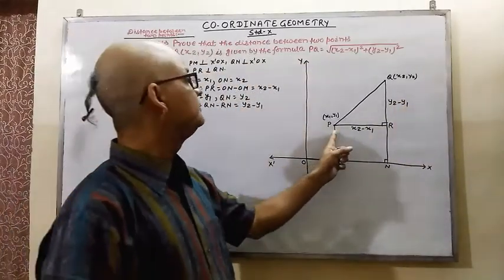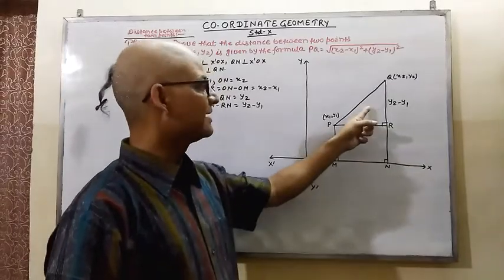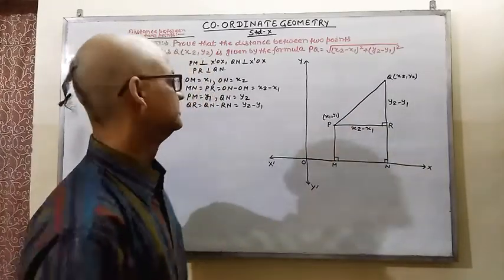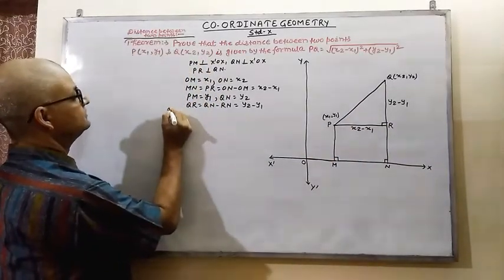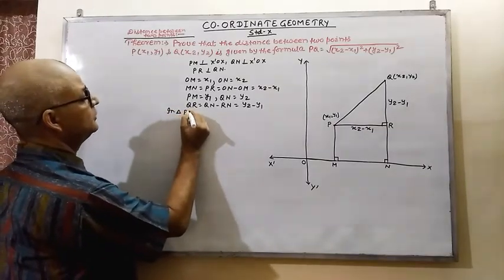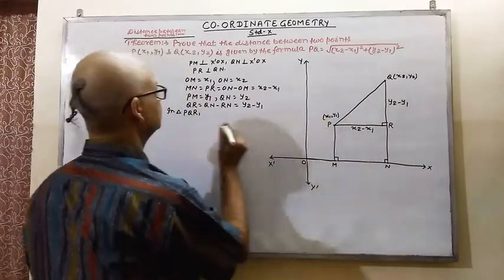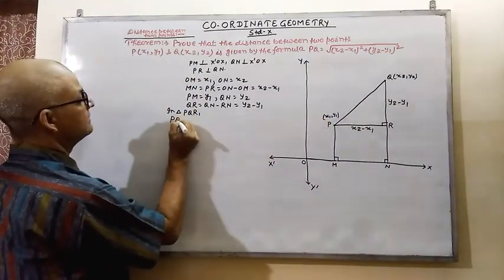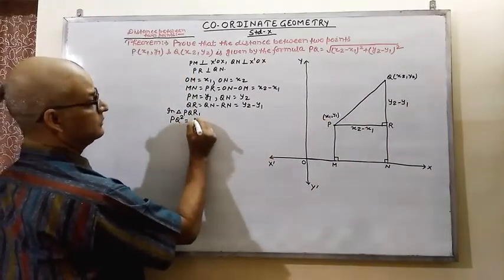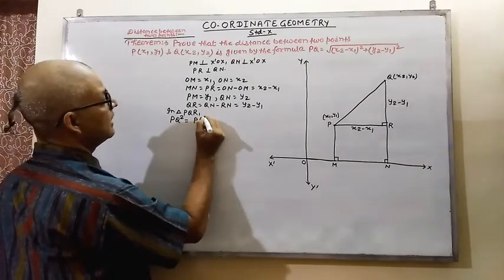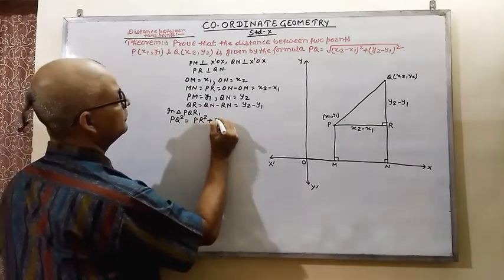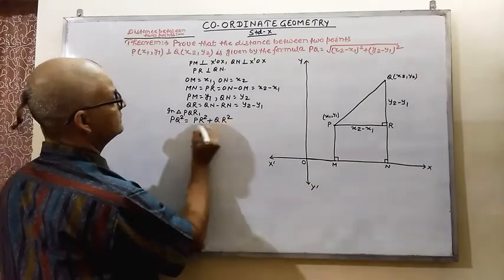Now you see this PQR forms a right angle triangle. So in triangle PQR, this is the hypotenuse. So PQ square is equal to PR square plus QR square.